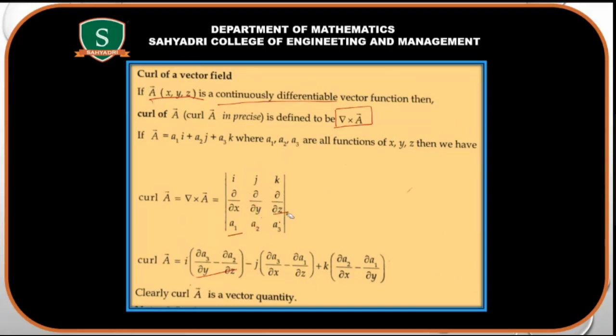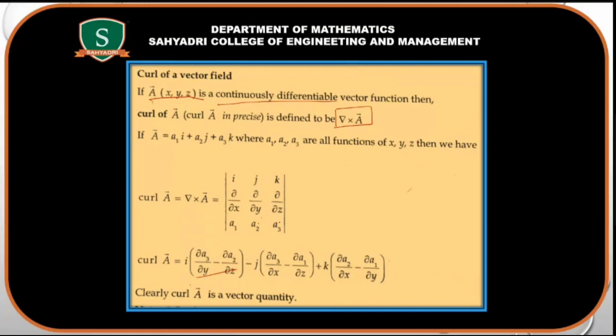Similarly, keep k separate. Next, apply the operator like this: first ∂a2/∂x, next ∂a1/∂y. So like this you have to apply. That means finding the determinant only.